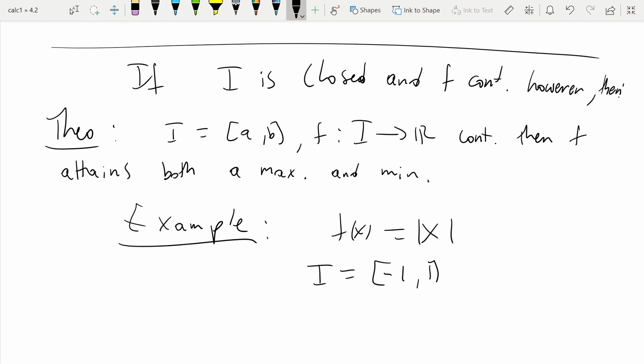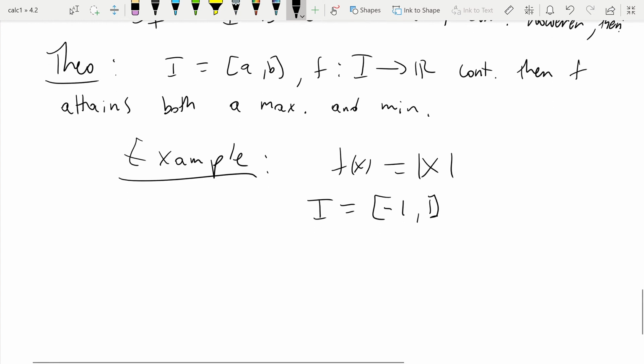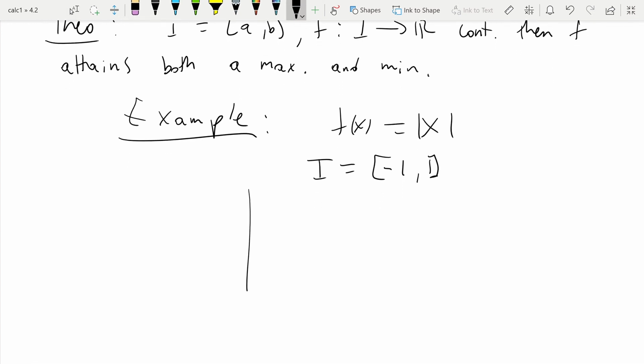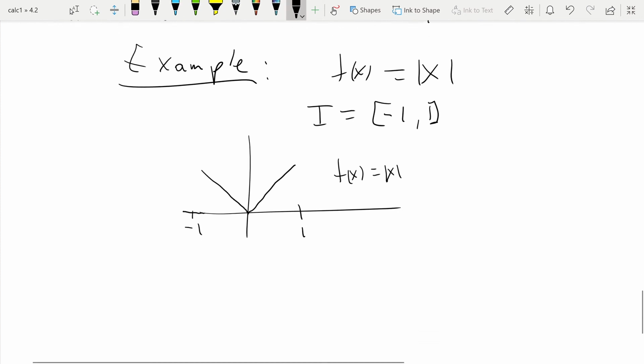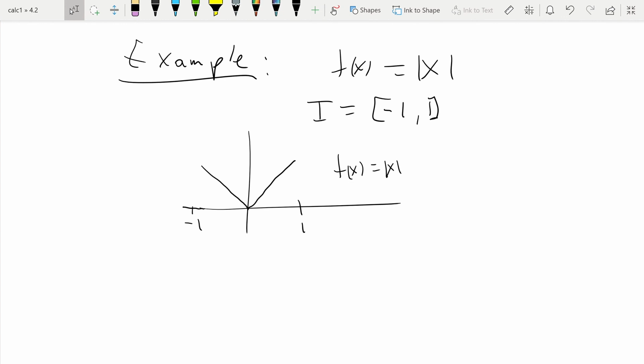We know that. So we have the interval [-1, 1], and the function here looks something like this. This is f of x equals the absolute value of x. Naturally, this function is not differentiable at 0, as we've discussed multiple times now, but it's continuous everywhere.